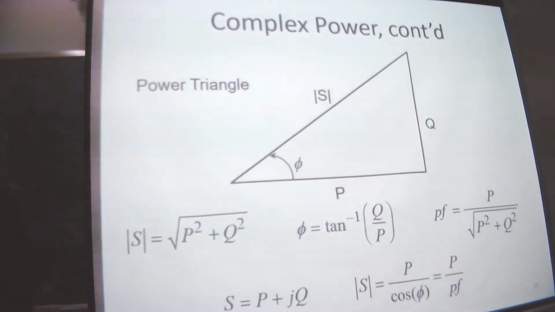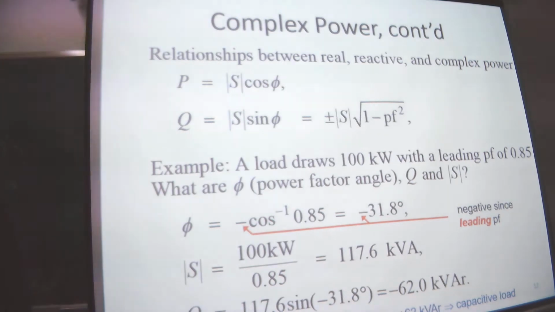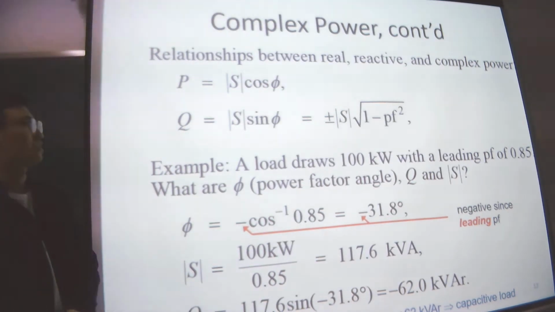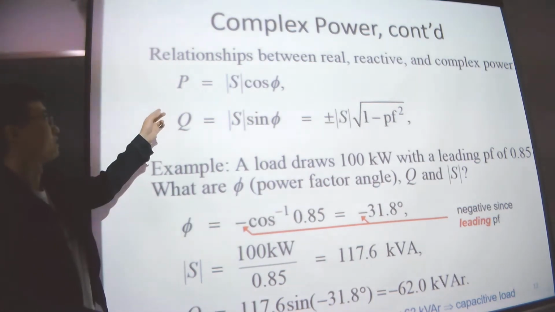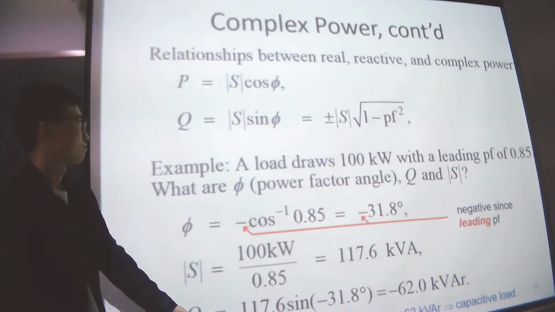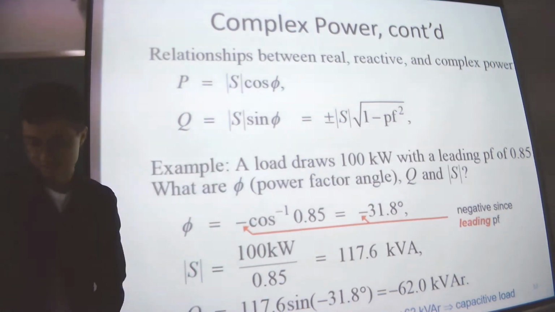I will also present you some examples in geometry. Using this triangle, you can calculate the reactive and active power in very easy ways. It's very easy to understand in this form.